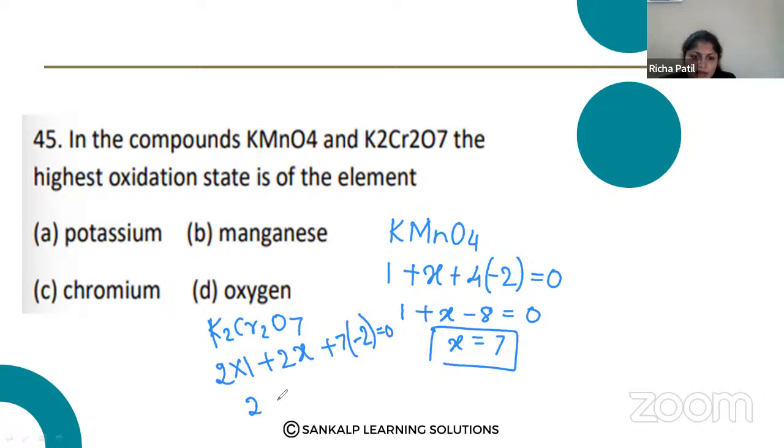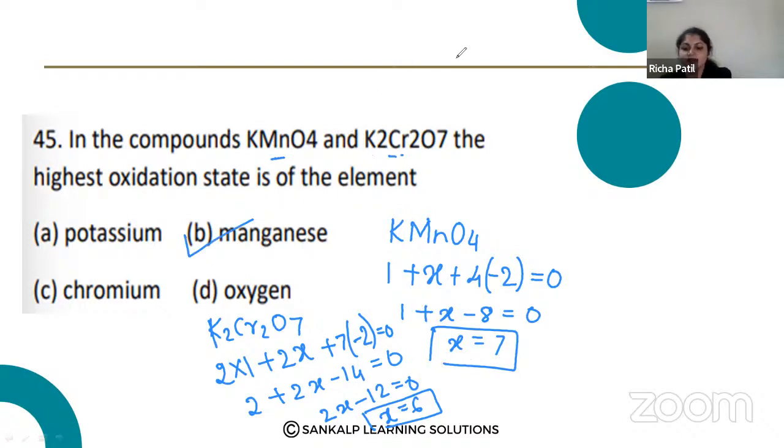So 2 plus 2x minus 14 equals 0. Solve this. So it comes to 6. Which one has more, chromium or Mn? It is Mn. Manganese is +7, so it has the highest oxidation state.